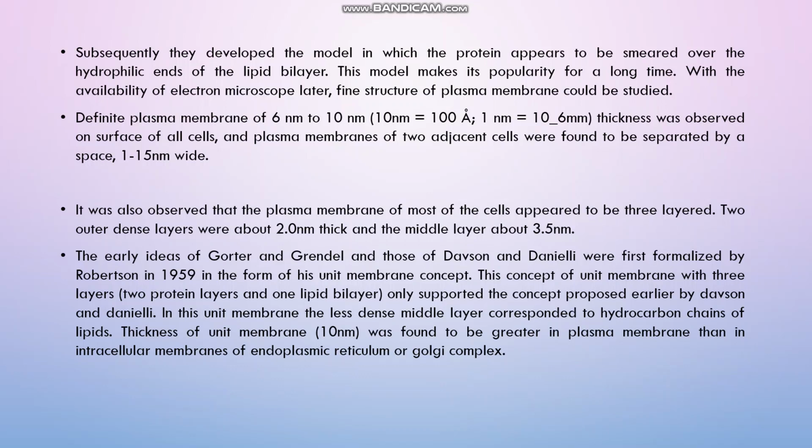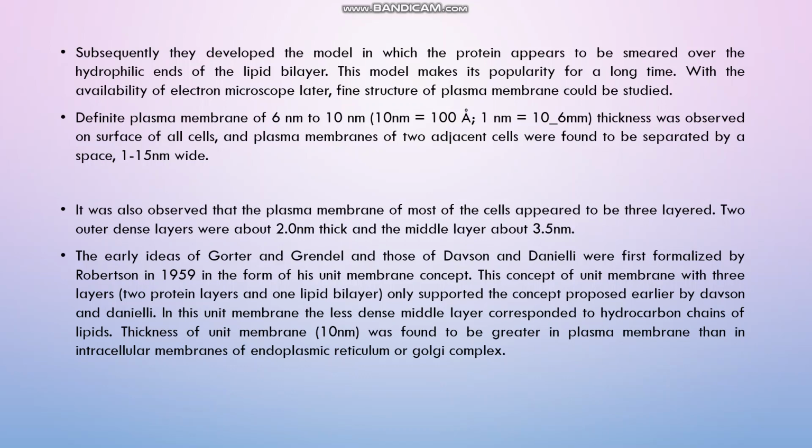A definite plasma membrane of 6 to 10 nanometer thickness was observed on the surface of all cells, and the plasma membranes of two adjacent cells were found to be separated by a space of 1 to 15 nanometers. It was also observed that the plasma membrane of most cells appears to be three-layered: two outer dense layers, each 2 nanometers thick, and a middle layer 3.5 nanometers thick.